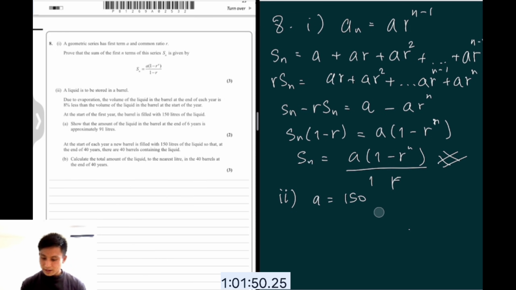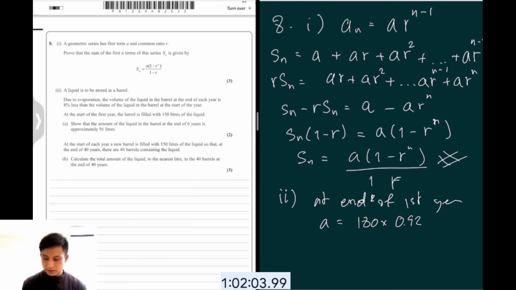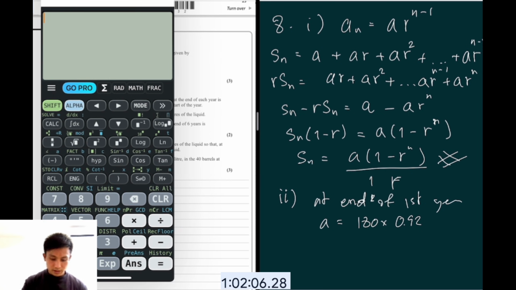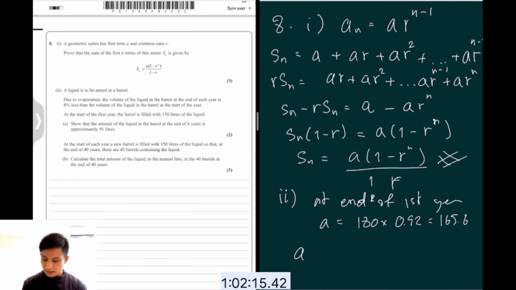Or I can just explain to you that at the end of the first year, A is equal to 150 times 0.92. We're going to get that first, which is 138. And then we plug in A6 equals 138 times 0.92 to the power of 6 minus 1.